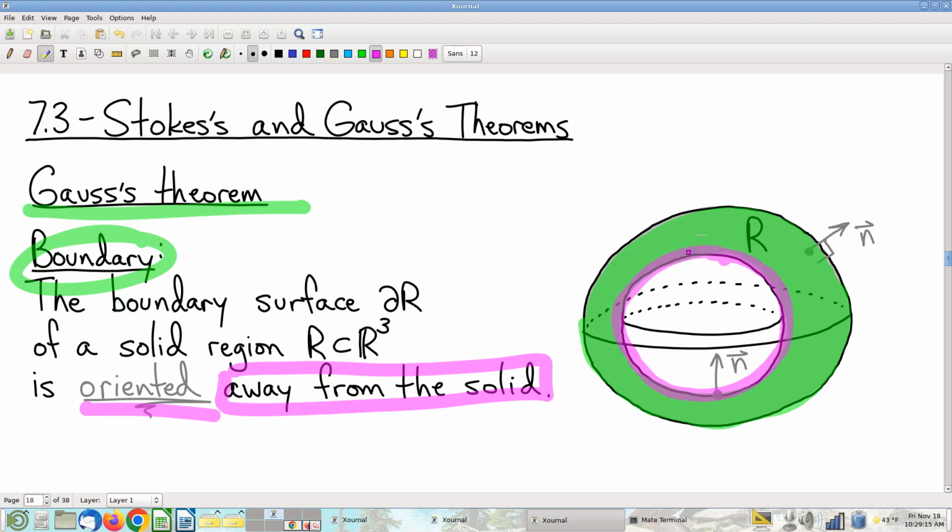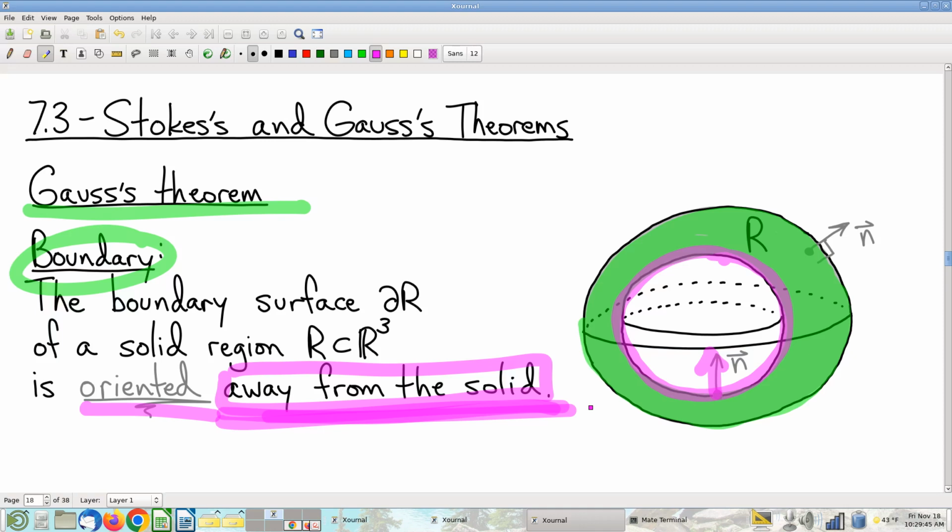If there's a bubble, if there's a hollow region inside of your solid, away from the solid is not outward, it is inward. So that's why you gotta watch out for this outward nonsense. It isn't necessarily outward. It is, however, always away from the solid. How are we doing with that? Does everybody follow? Questions? Everybody's happy?